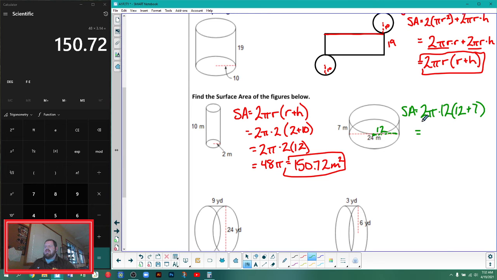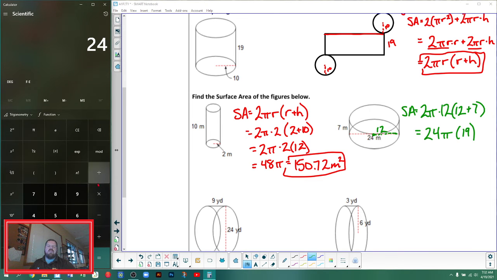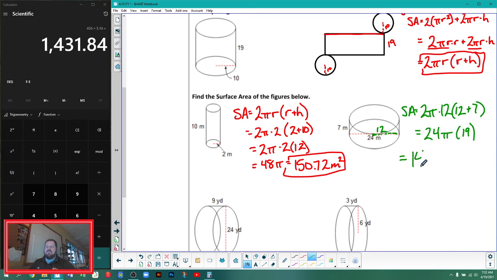That's going to be 14, and this will be 14 pi times 14. I'm just going to use a calculator for that. Pretty big number. And again, those are square meters.